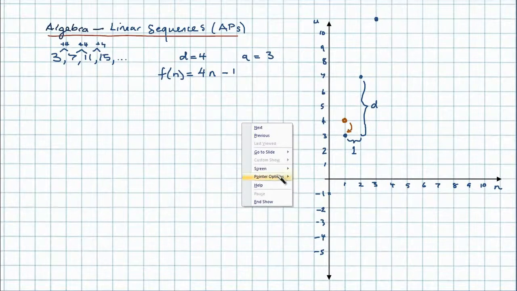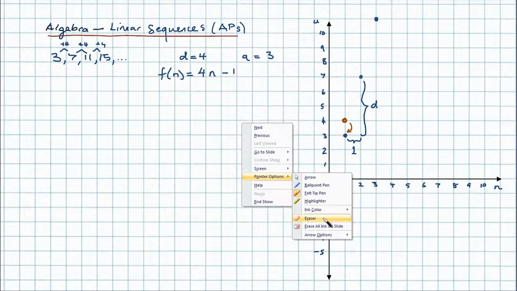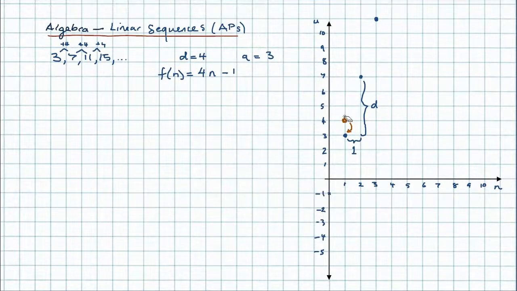Now, a couple of things just to modify here. Let's just erase that for the moment and erase these. We don't generally use this terminology for the function of n. So instead we're going to say, well, what is the function of n? It's the value u for any number of terms.